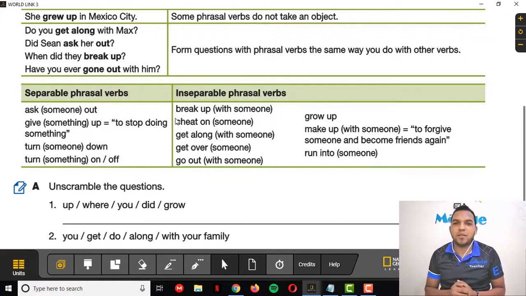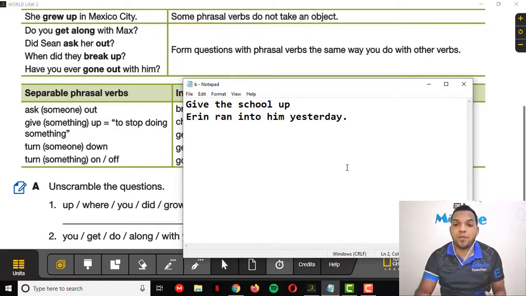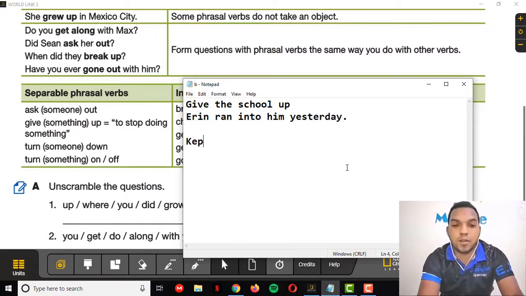All right, so that was a good job, keep it up. Keep it up, or keep up means continue. All right, continue, keep it up. It's the same as if I say continue like that.